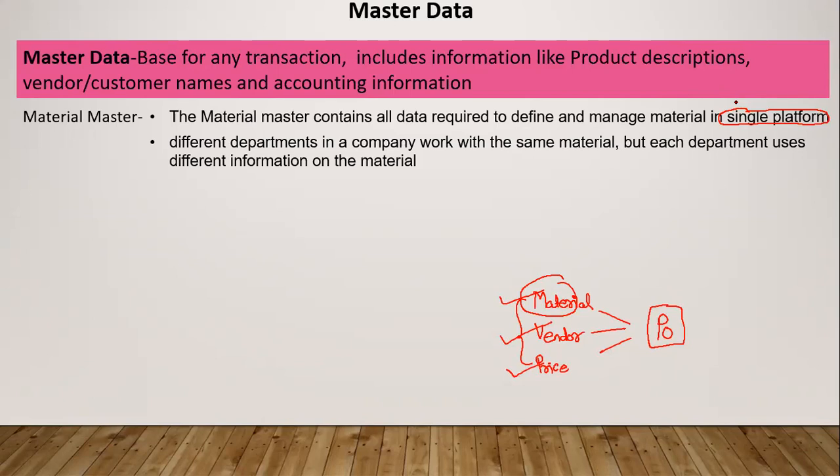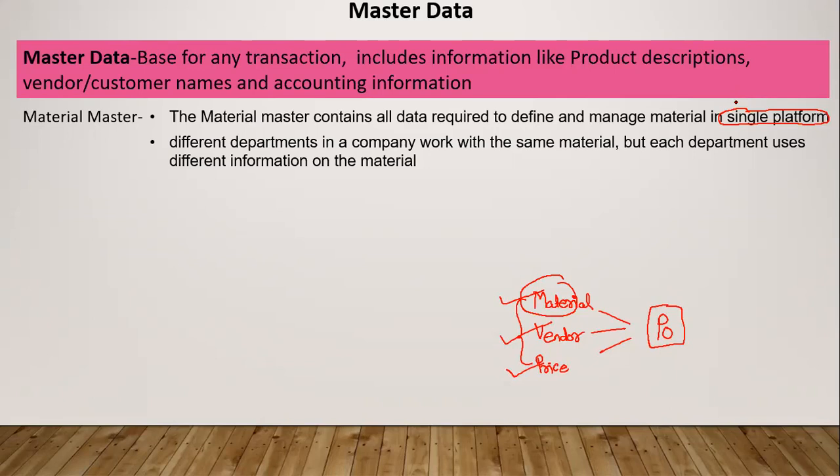For example, the purchasing department uses the material master for ordering and procurement related activity. Sales and distribution requires it for sales order processing. Production planning and control requires it for MRP, material requirement planning, or work scheduling. Like that, each department uses this information, so each department has its own view of the material master record.